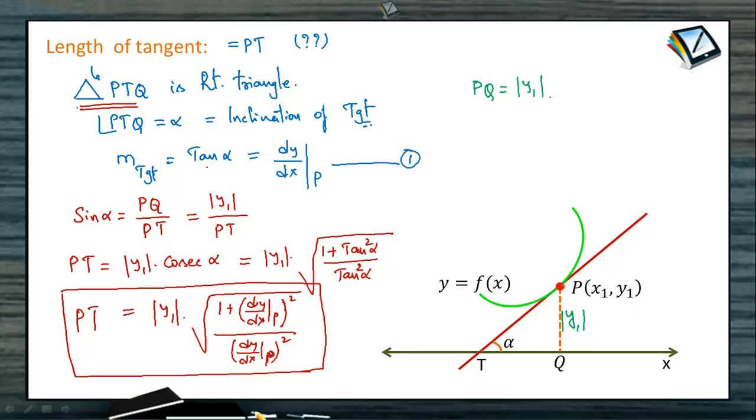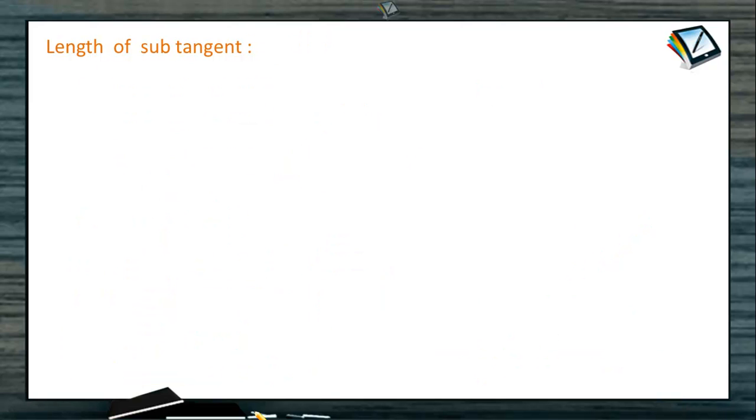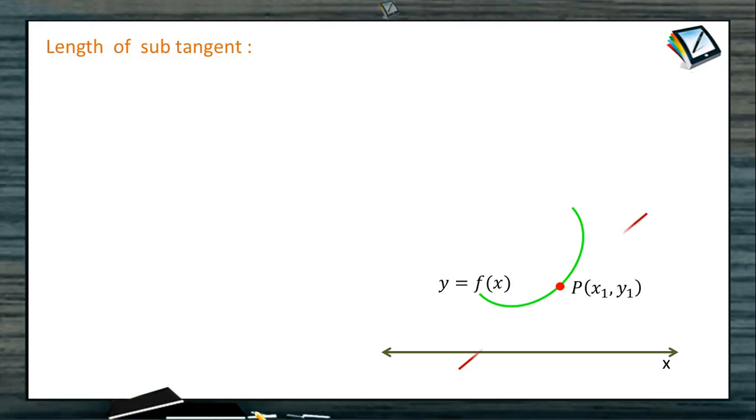Right? Proceed. Let's now calculate the length of the subtangent. What was the subtangent? The subtangent is the projection of the length of the tangent on the x-axis, right? So let's first look at this diagrammatically. At the point P, when you draw a tangent which cuts the x-axis at a point T, then I need PT's projection on the x-axis. So from T, the foot of the perpendicular is T itself. Then in order to find the projection, we have to find the perpendicular from P on the x-axis.